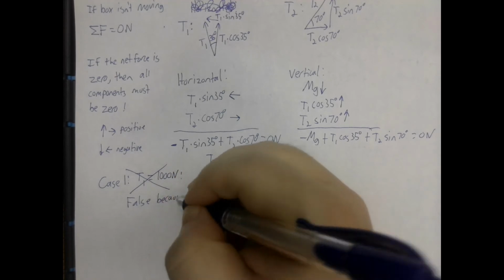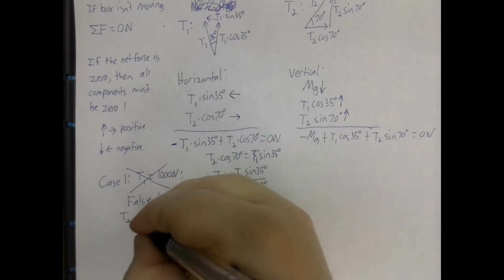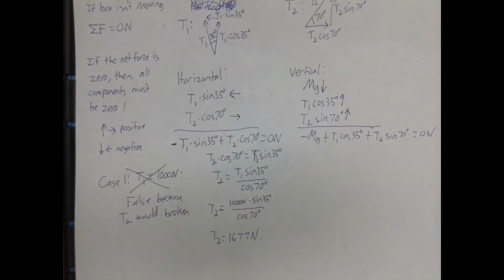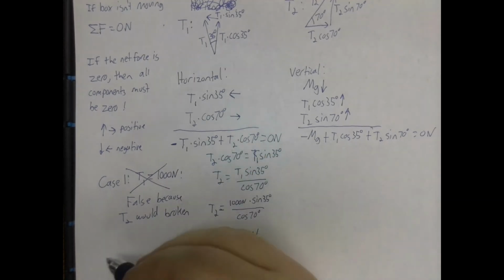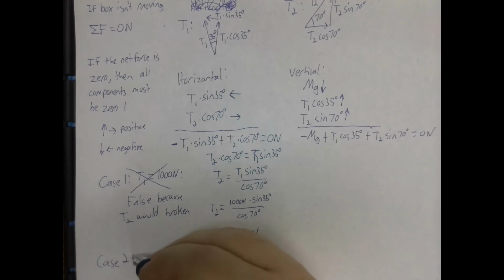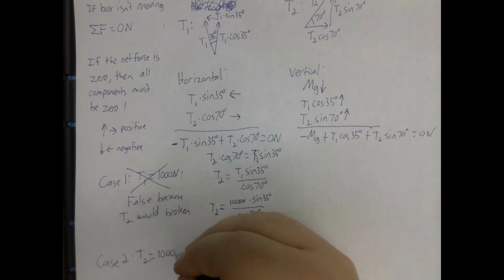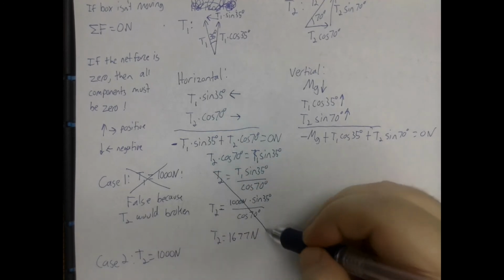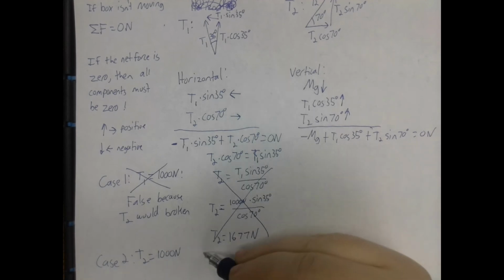Because T2 would have broken. Case 2, T2 is equal to 1,000 newtons. So we can pull down that equation.